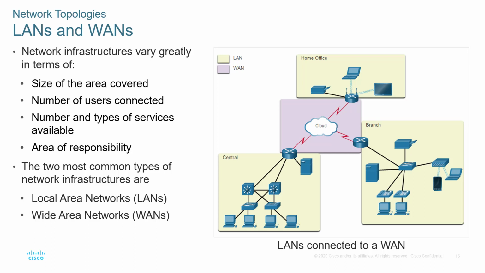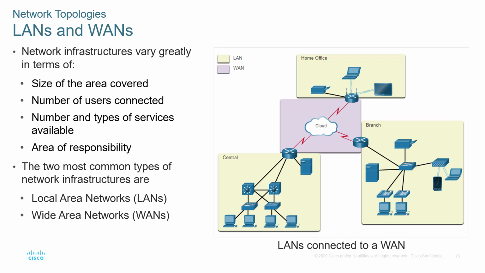You connect to the internet. Well, your internet provider, your ISP, your internet service provider, they actually manage a wide area network. That's how we're able to go from our resources locally to a web-based resource like Google or Amazon. Those are going to be other networks that are reachable through a WAN.